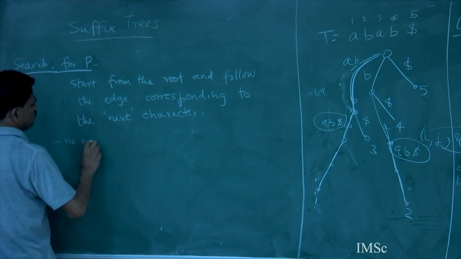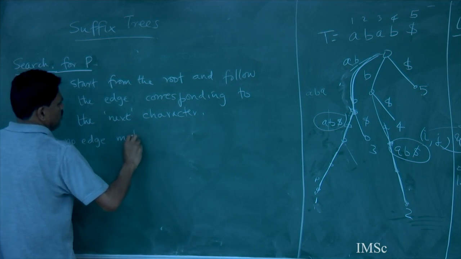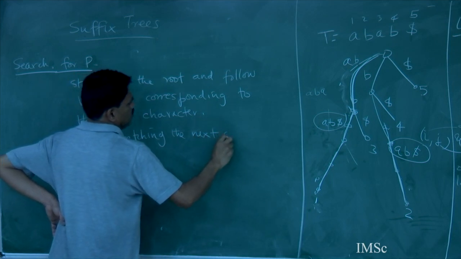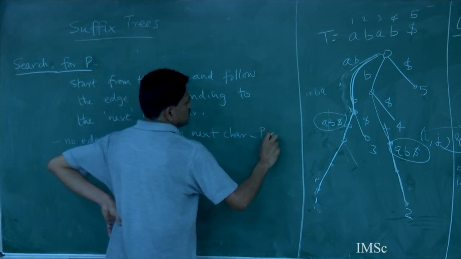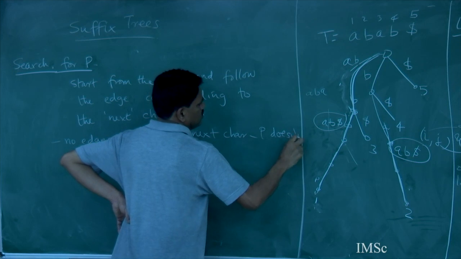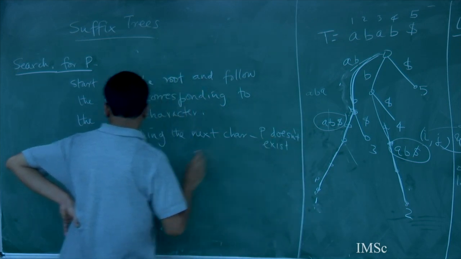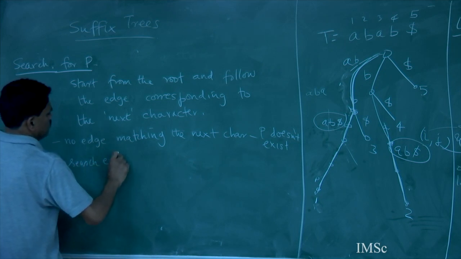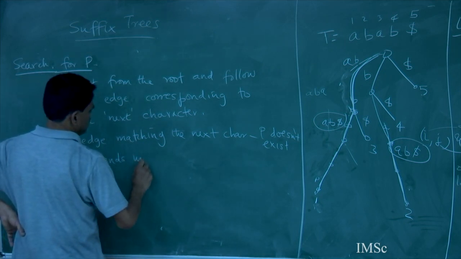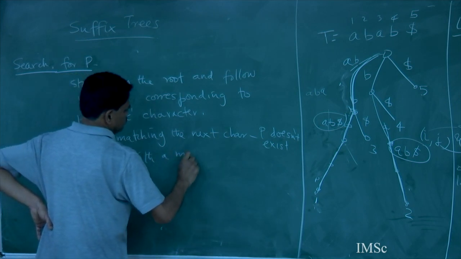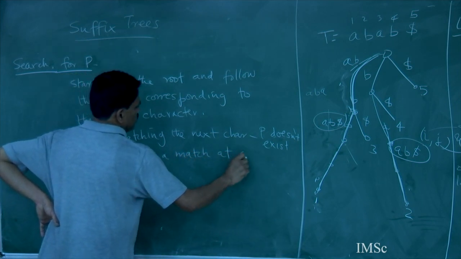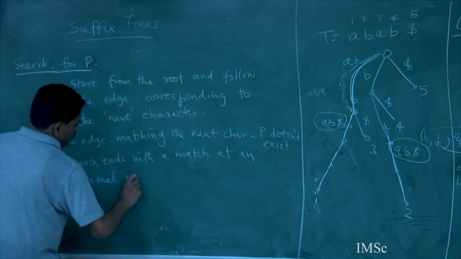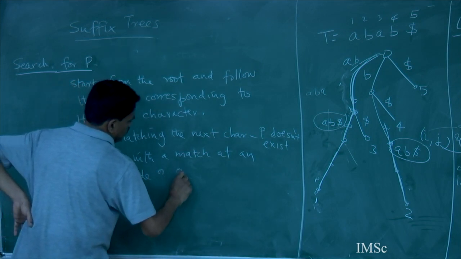If there is no edge matching the next character, P does not exist. Our search ends with a match at an internal node or at an edge.